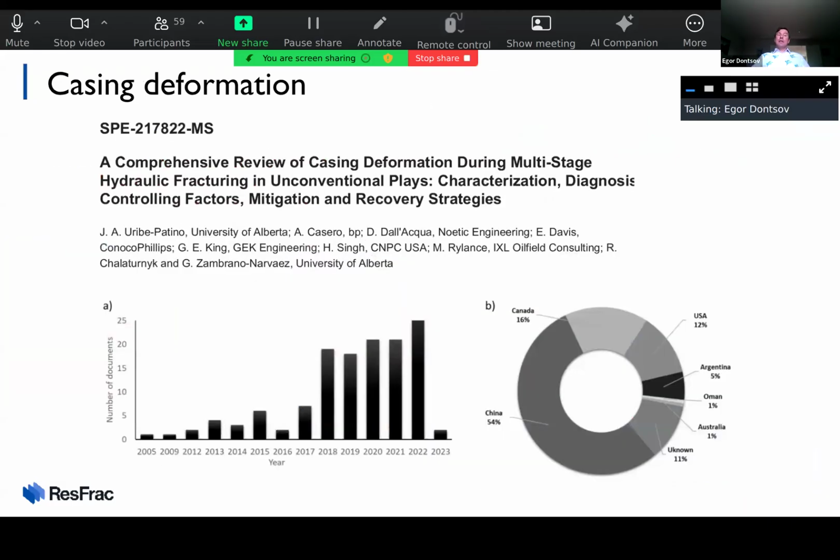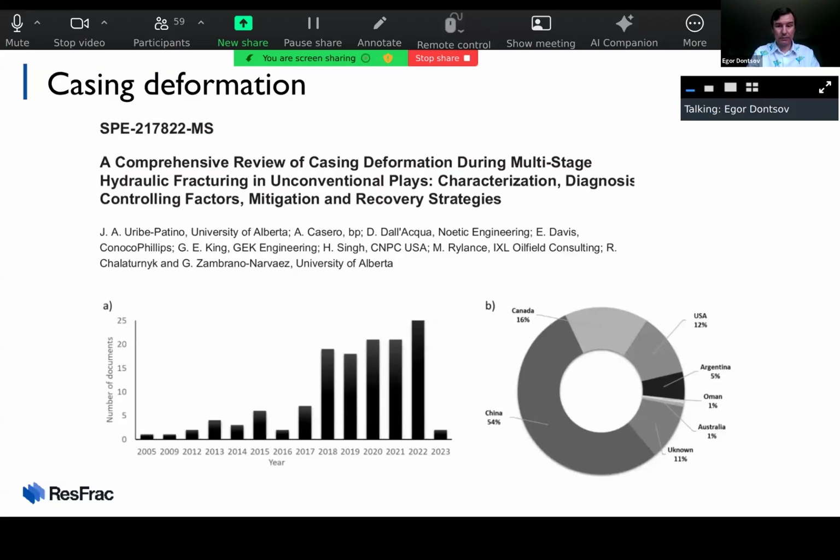Let me show you another kind of indirect evidence for large scale horizontal fractures. This is a review of casing deformation data, up to 2022, so again outdated, but you can see how it grows exponentially. And again, I really like this publication. If you want to get up to speed on casing deformation from a field perspective, that's the one to read.